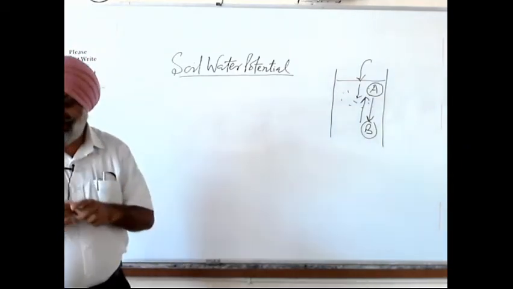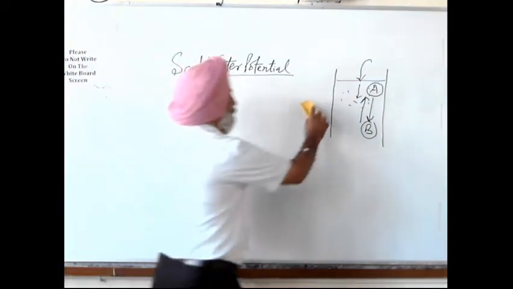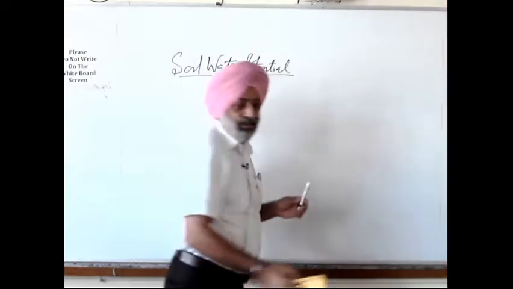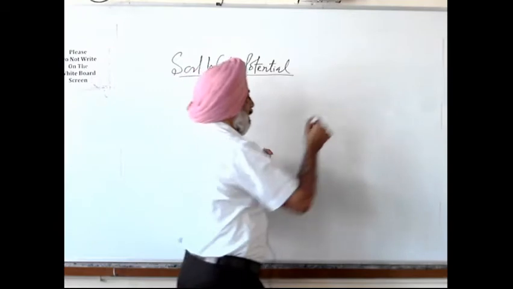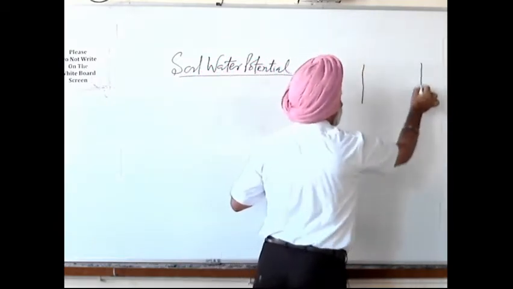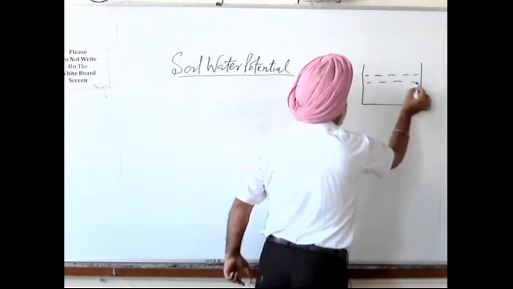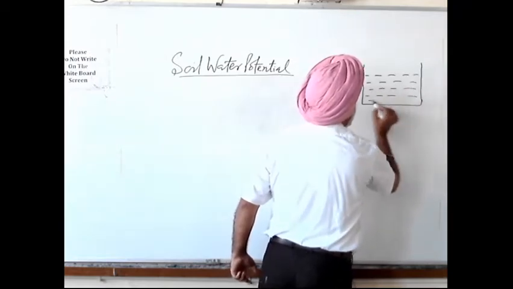Now let us understand what this soil-water potential is. Now we know that if water is free, its energy level is maximum. Let us assume that this is a container having water in it.